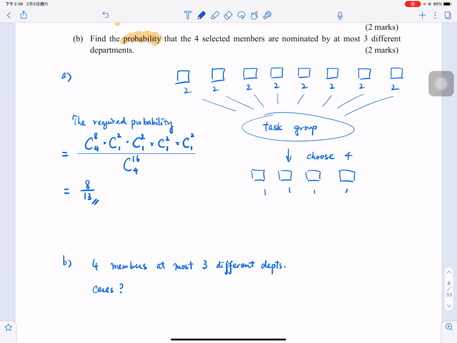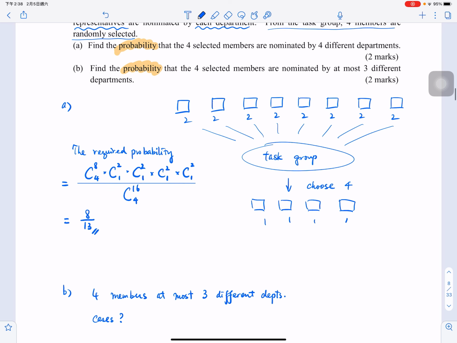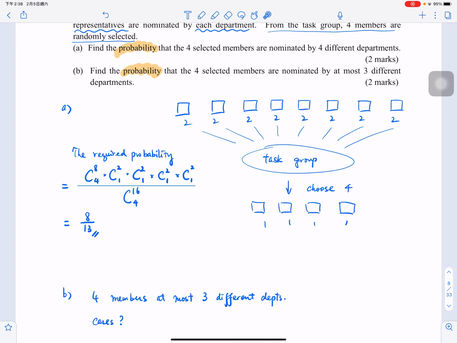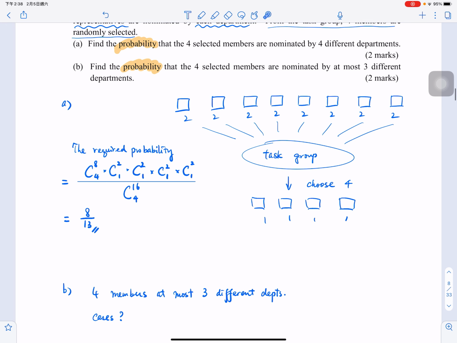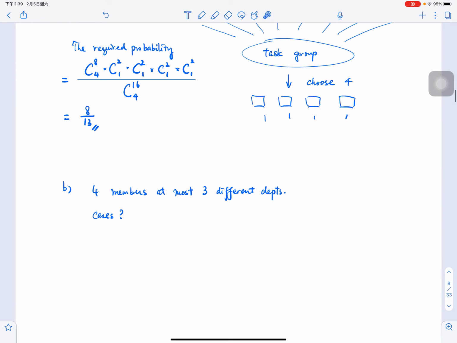So how about part B? Find the probability that the 4 selected members are nominated by at most 3 different departments. At most 3 different departments, that means not more than 3. How many cases do you know?